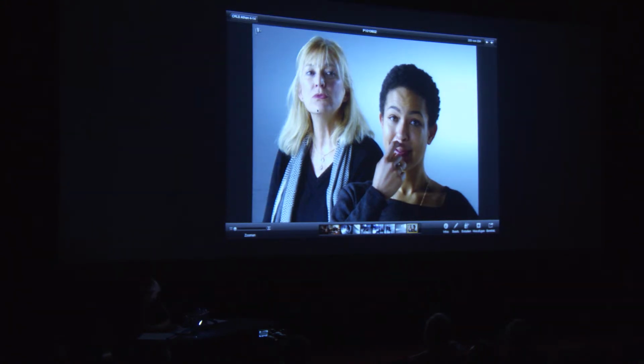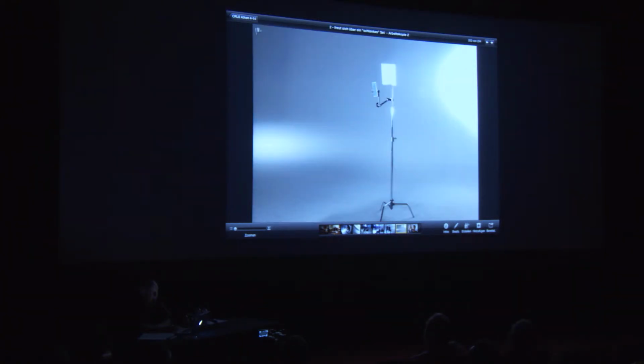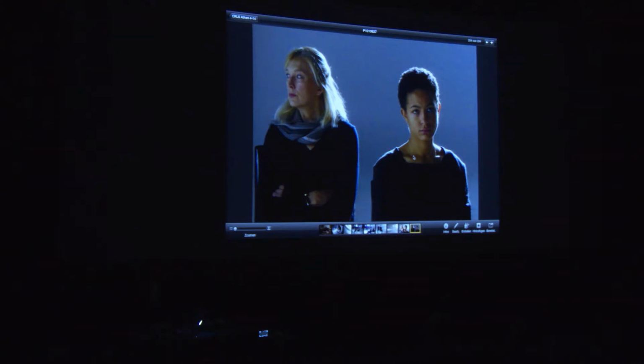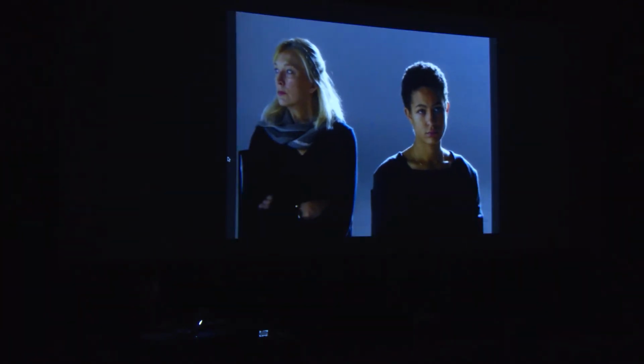It's already the second mirror, and this is the third one. And we have here a softer backlight, and here a little harder one. It's the harder one, the softer one, and they don't mix. Then again, we use them harder, but take away the side light and the fill light, or reduce it.